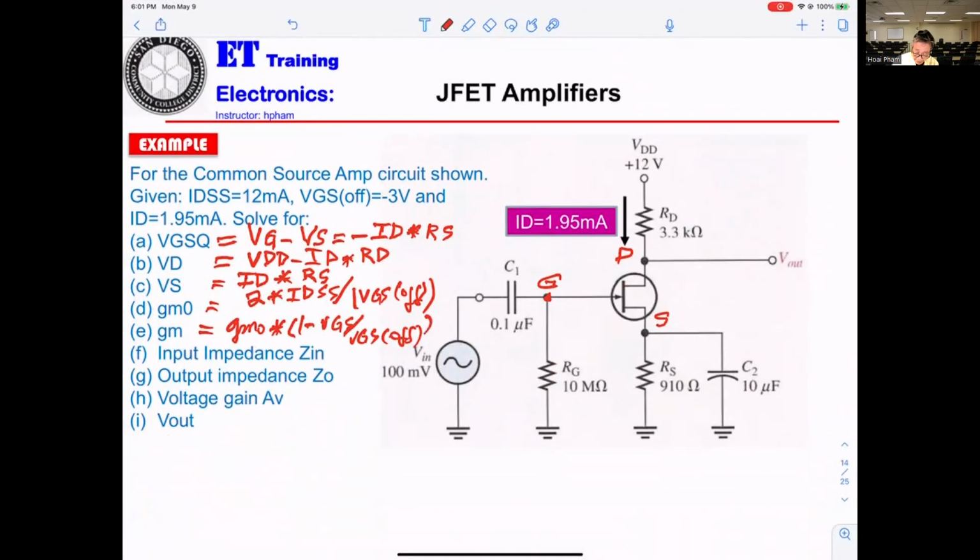G in you can see equal 10 mega, 1 mega over 10 mega ohm.